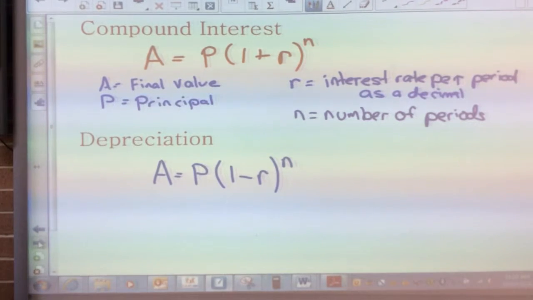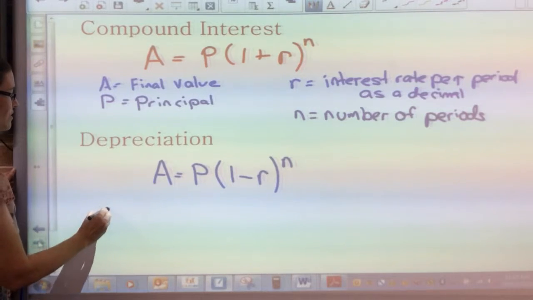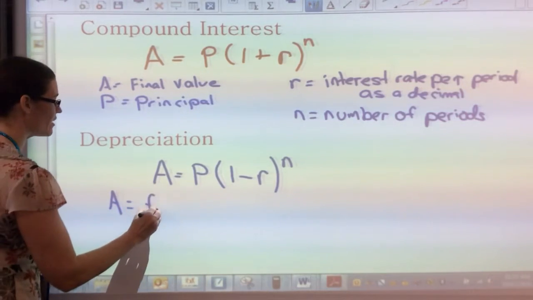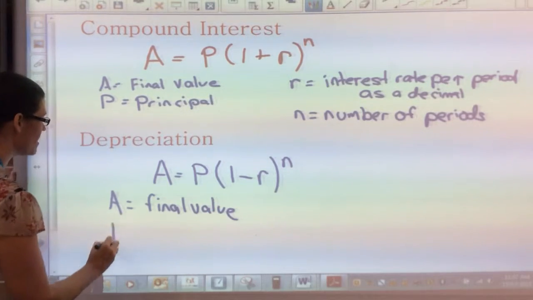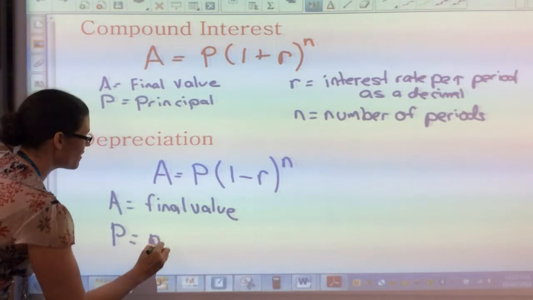Now the nice thing about depreciation is we don't really care how much it goes down in a month. We pretty much always do years. So that makes those questions a little bit easier. Okay, it starts off with the same, so A is still the final value. P is still the principal or initial value.